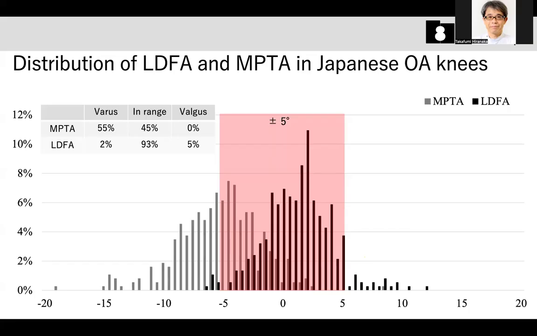There is no conclusion. But another way, if we respect ligament balancing in extension, is one idea: cut the femur first and then cut the tibia to get a parallel joint gap.